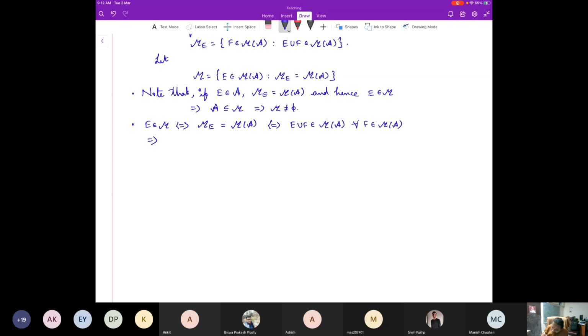So therefore, this implies that script M is an algebra. Where have you shown that it is closed under finite union?